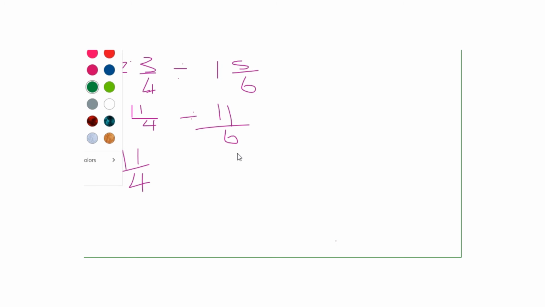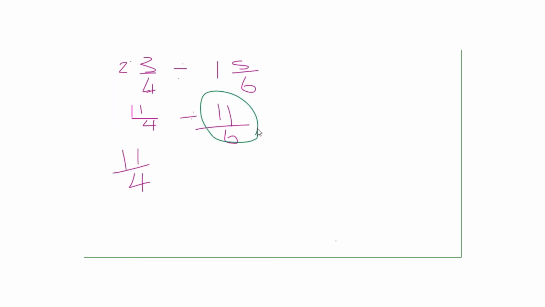So we'll find the reciprocal or flip them. So we'll flip this one. So the division sign will now change to multiplication. So we'll have times 6 over 11.